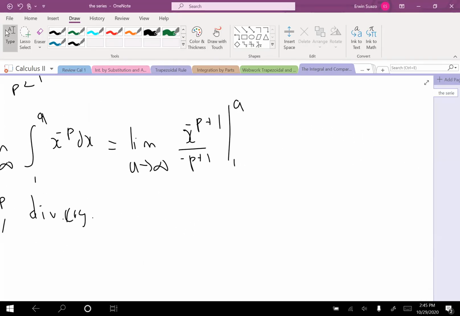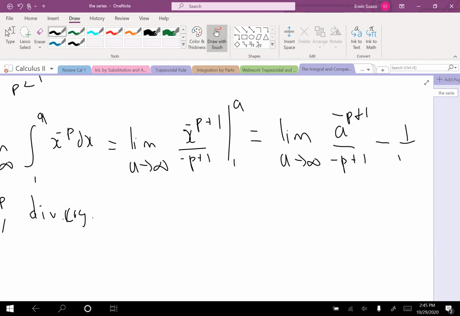Then I plug in my a: the limit as a goes to infinity of a to the minus p plus 1 over minus p plus 1, minus 1 over minus p plus 1.